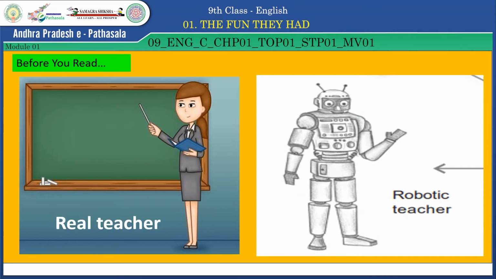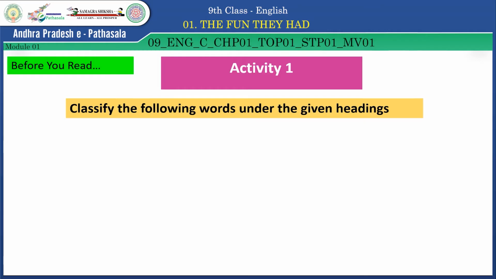This picture shows the real teacher in the classroom, and the second picture talks about the robotic teacher which we are going to have in the futuristic schools. Now let's do an activity. In this activity, classify the following words under the given headings.